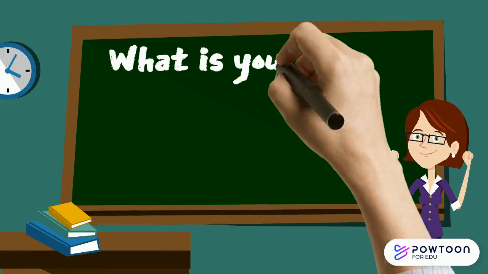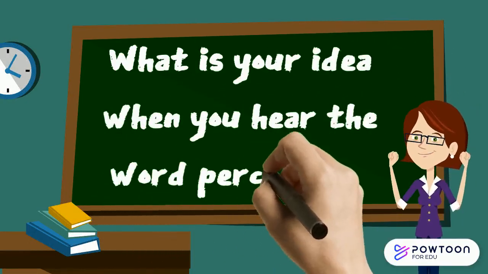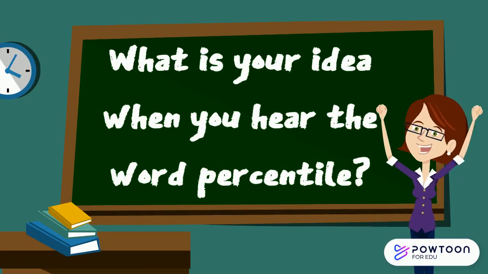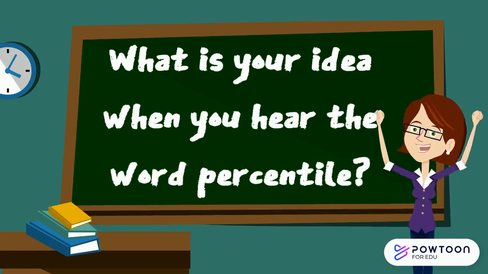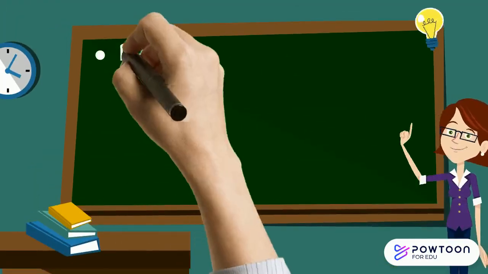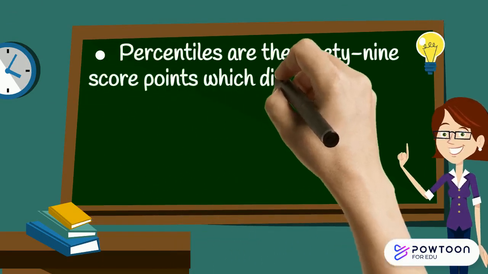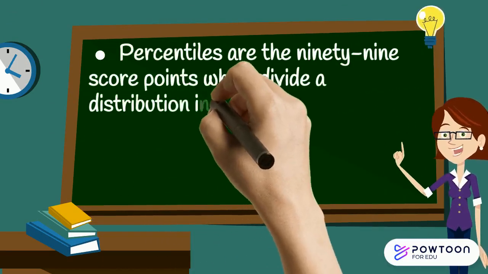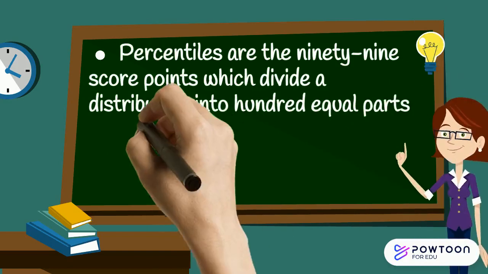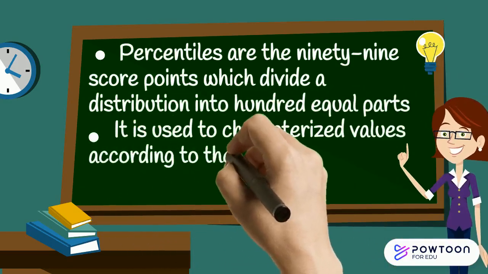What is your idea when you hear the word percentile? Percentiles are the 99 score points which divide a distribution into 100 equal parts. It is used to characterize values according to the percentage below them.